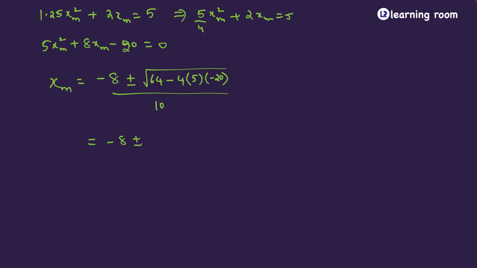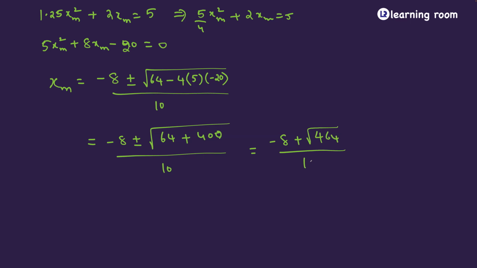So minus 8 plus or minus root of 64 plus, this is going to be 100 into 4, which is 400, the whole divided by 10. So it will be minus 8 plus square root of 464 divided by 10. How much is the square root of 464? The square root of 484 is 22. So it will be 21 point.